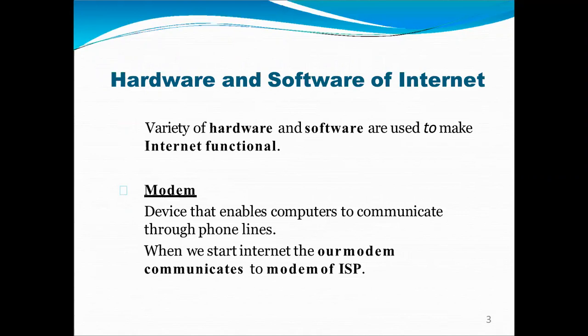Wherever you are using the internet, you are using waves or fiber cables, so you are attached to the phone lines, and this modem makes a connection with our internet through our machines and through the ISP, meaning internet service provider. To connect to the internet, the modem is a very important thing, because without a modem, you cannot run internet.